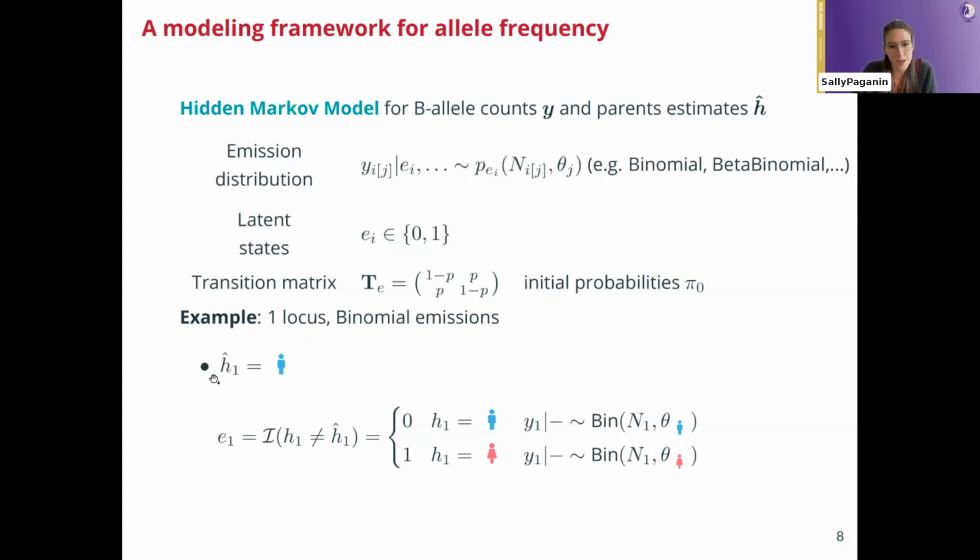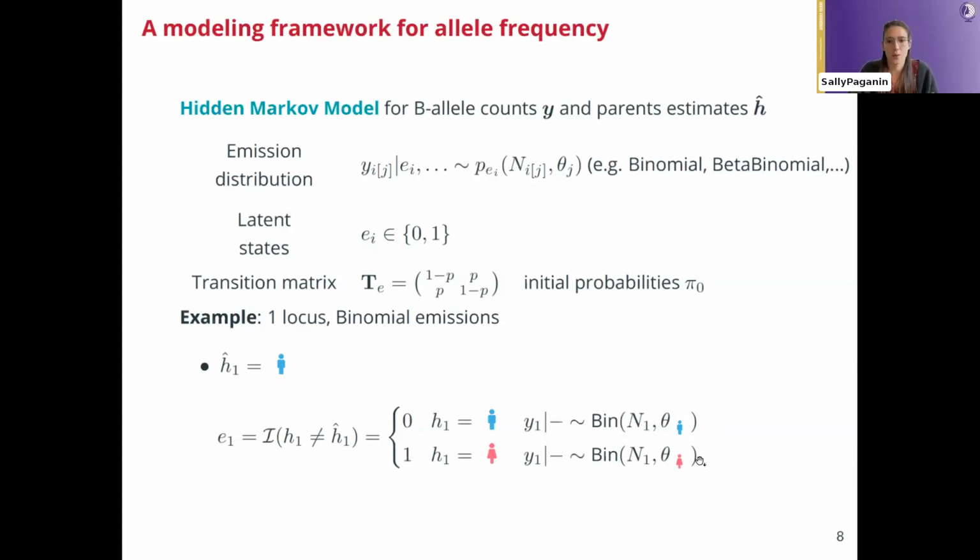So here I took an example where I assume that we have one position, and we have information that for this genomic position we have the number of alleles, and we have two different distributions depending on the value of the latent state. In the first case, our estimate was correct, so we have a binomial indexed by theta dad.